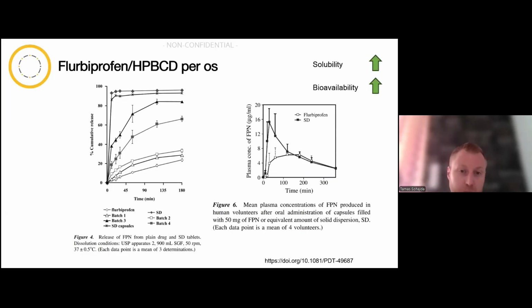So typically, what we see is that ideally we create a formulation and we see that we increase the cyclodextrin concentration, which would mean that the solubilization effect of the cyclodextrin also increases in vitro. And usually this indeed translates, as you can see here in the example of ibuprofen, the cyclodextrin-based formulation indeed improves the plasma concentration of the active ingredient. So it's a good thing to use.